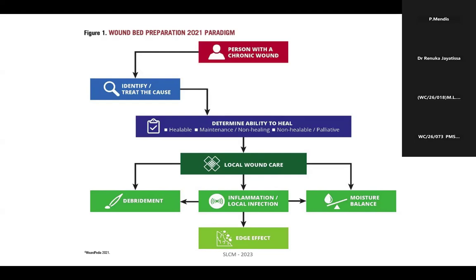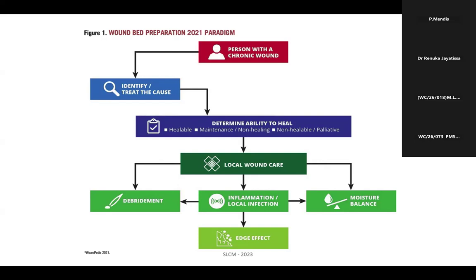If you've done that, determine the ability for the wound to heal. Not every wound has to go on the same pathway of healing. There are different pathways. You need to choose based on the discussions you have with the patient, with the family, the societal factors, financial factors, and what the patient wants, first of all, to see what pathway you're going to take.